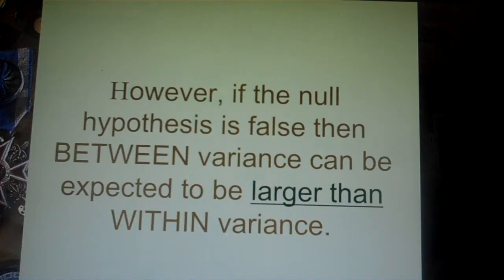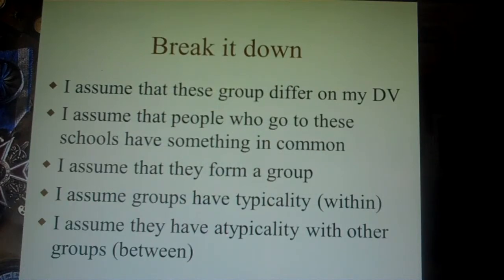If the null is false, there'll be more difference between these three schools than there is within these three schools. If the null is false, then Howard and Shaw and Grambling are the same within the schools on how much they study, but different when you compare across the three schools. That's within and between variance. Let's break it down.